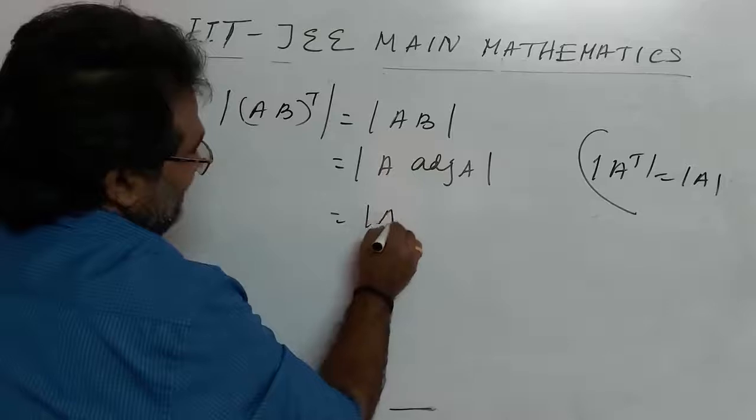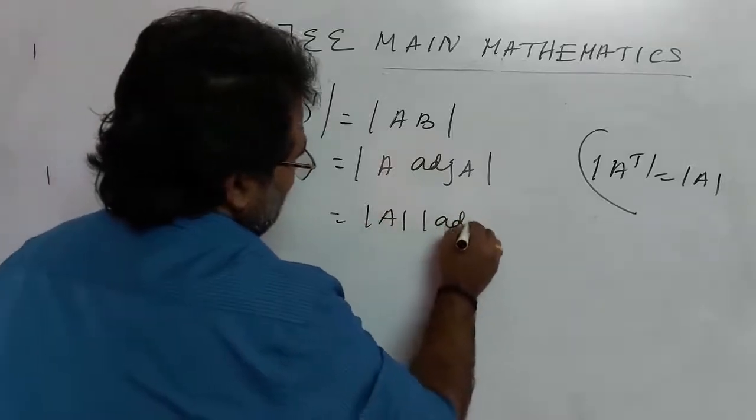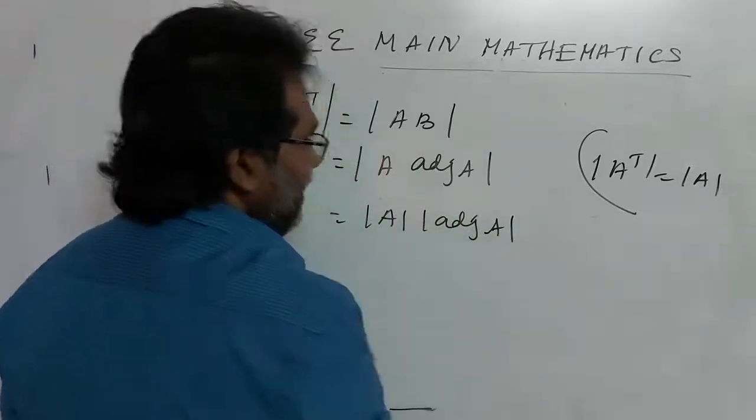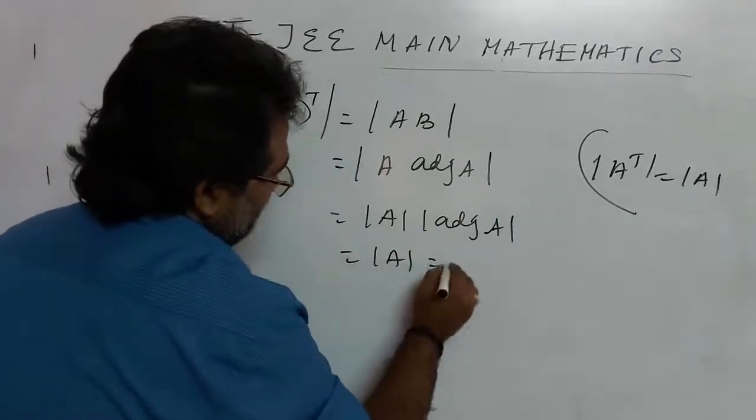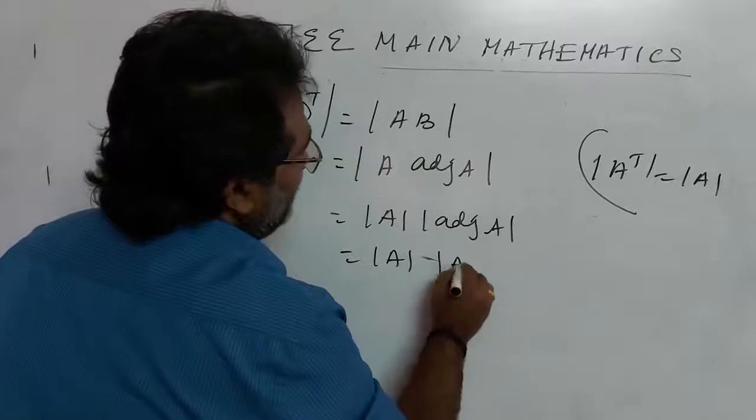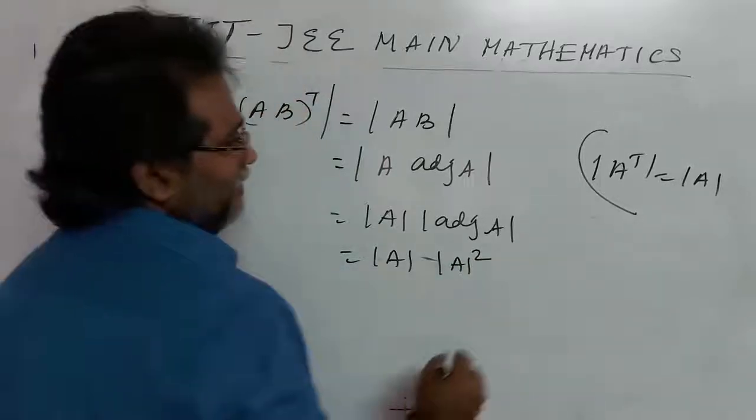We can apply determinant A into determinant adjoint of A, that is determinant A the whole square.